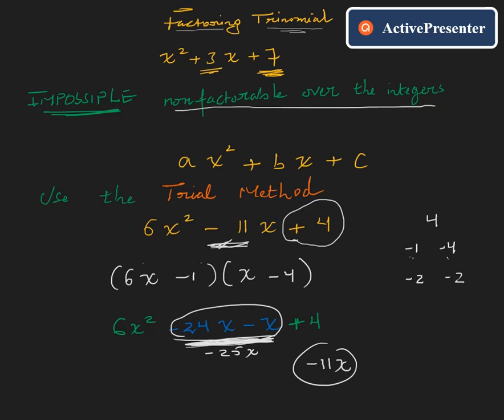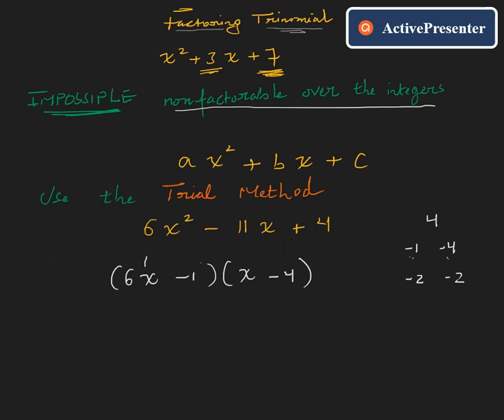How to get them? We can get them from the outer and inner multiplication, if you remember the FOIL method. From the outer and the inner, 6x multiplied by -4 is -24x, and -1 multiplied by x is -x. When we try, we will use the outer and inner to check in a very fast way.